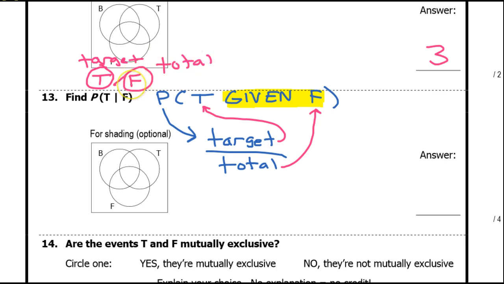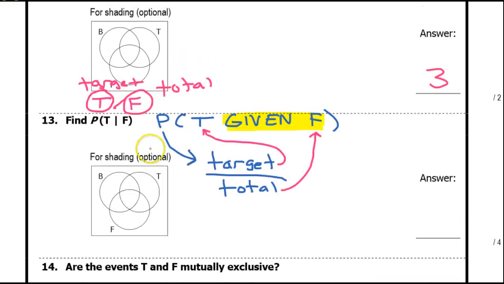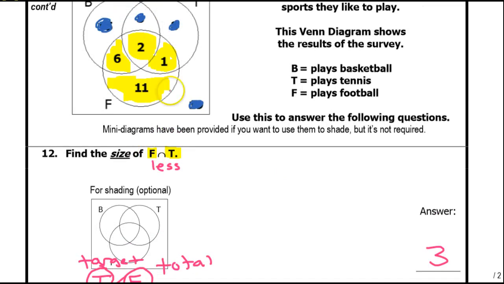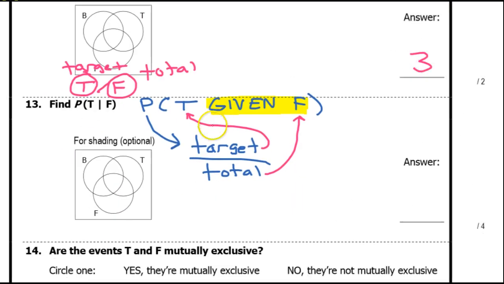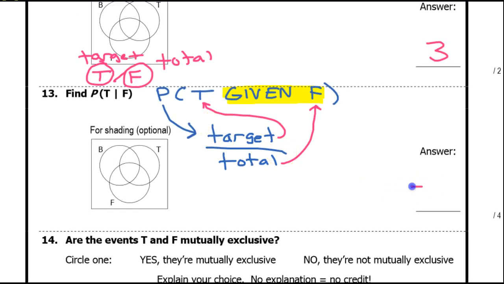All right, so f is the new total. How many students play football? That is 12 plus 8, so that's 20. So that's the new total. Now the target is going to be the number of students that play tennis. Target over total, tennis over football.